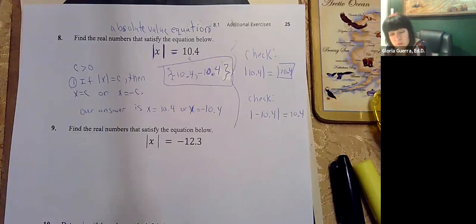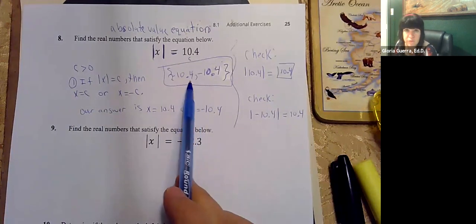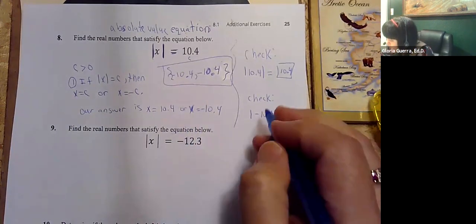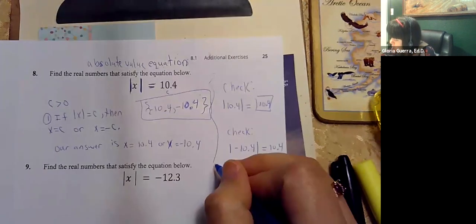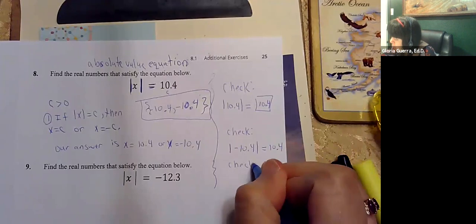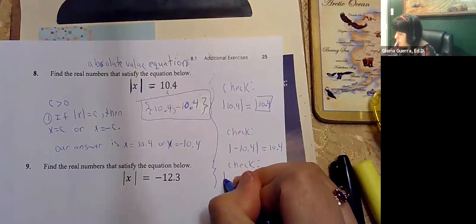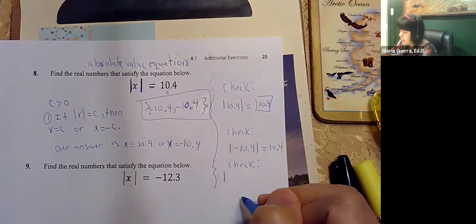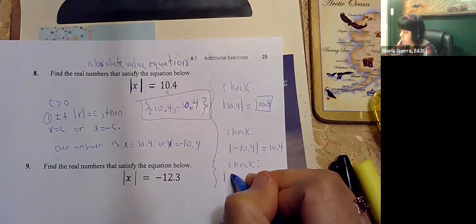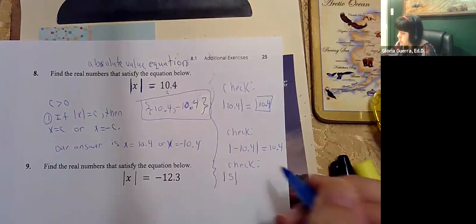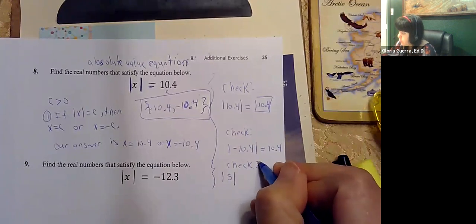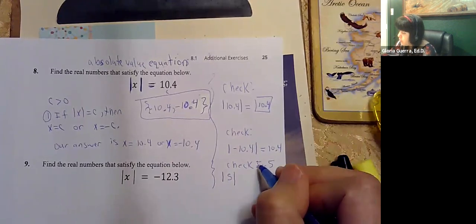Now, if somebody were to say, well, I want my answer here to include 5. Well, if you do a check for that, using 5, you have your absolute value of x, and you let x be 5.